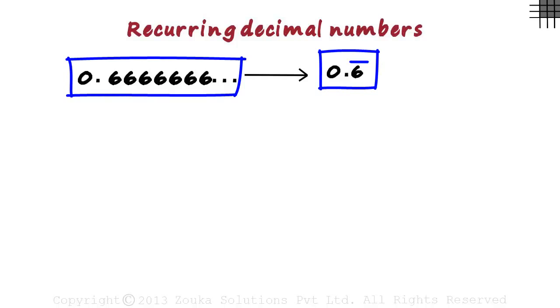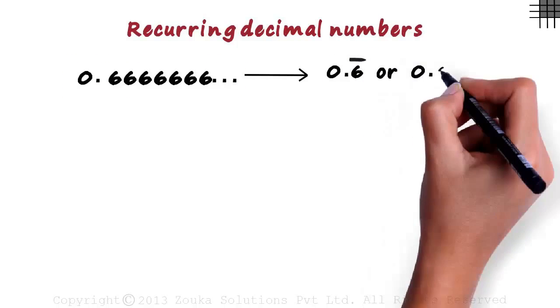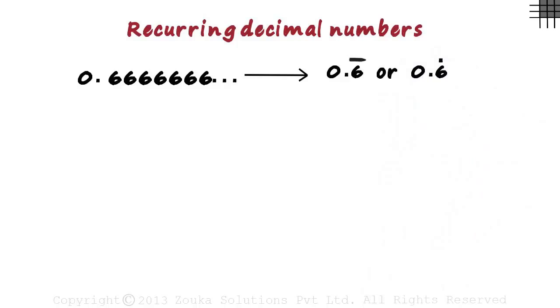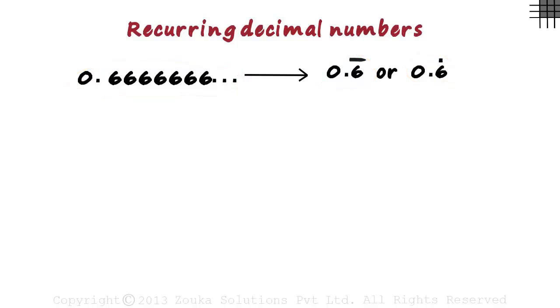These two are equivalent. We just put a bar over the number that is repeated. We may even put a dot over the number that is repeated like this. So all these three values are the same, but writing it in one of these ways is a lot simpler and definitely cleaner.